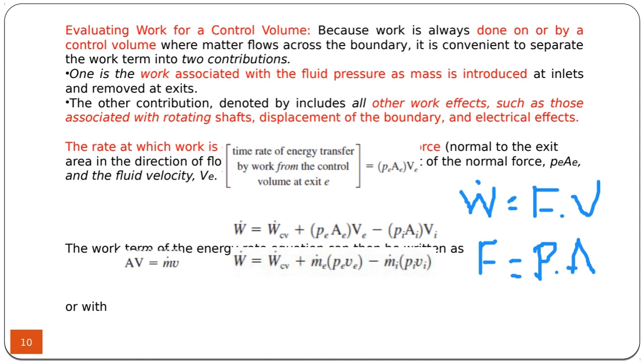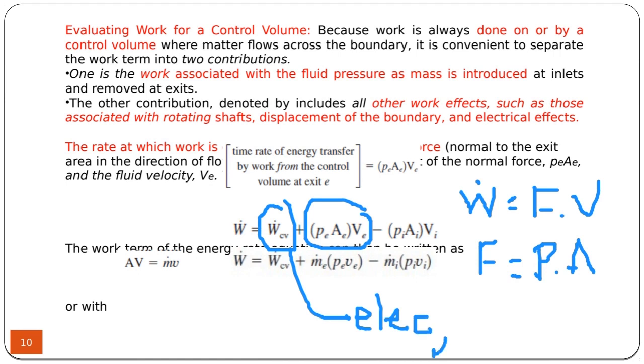So this whole thing is the work per unit time due to the pressure at the inlet minus the pressure work, or pressure force per unit time, at the exit, which is going to be the net work due to the pressure. And also, as I said, we may have other types of work, such as electrical, boundary, and others can also exist, etc.